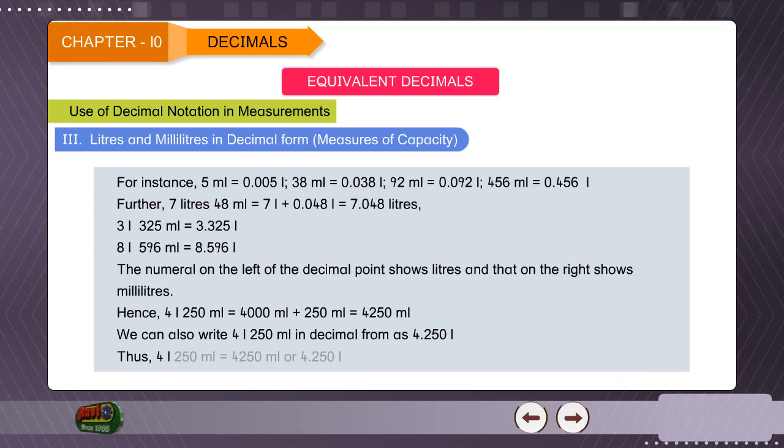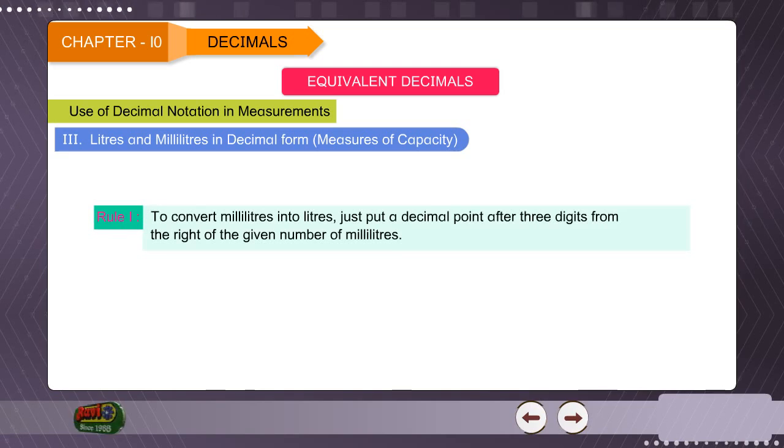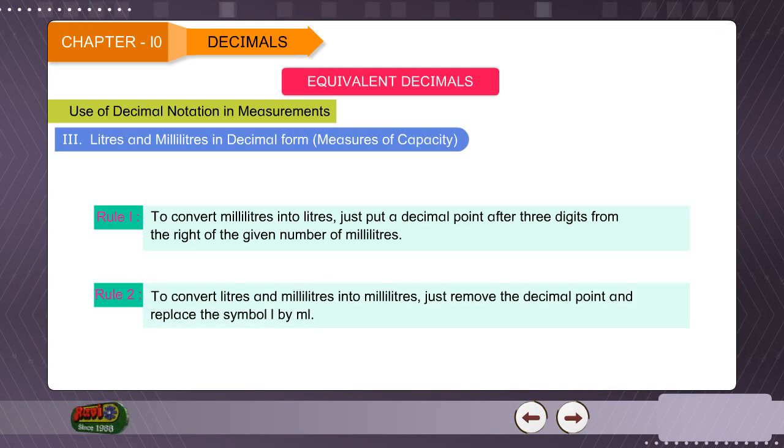Thus, 4 liters 250 milliliters is equal to 4250 milliliters or 4.250 liters. Rule 1: To convert milliliters into liters, just put a decimal point after 3 digits from the right of the given number of milliliters. Rule 2: To convert liters and milliliters into milliliters, just remove the decimal point and replace the symbol L by ml.